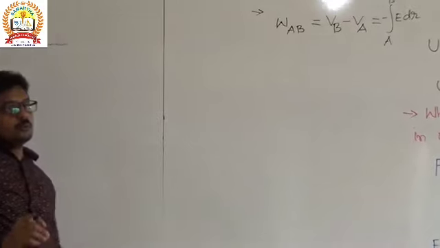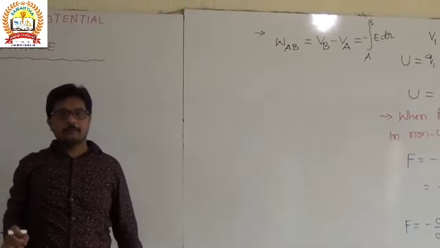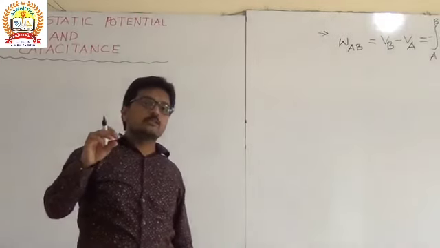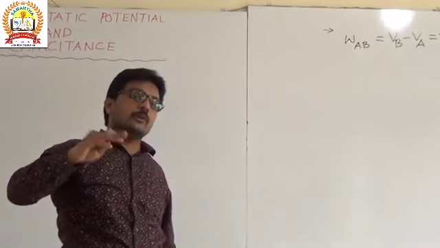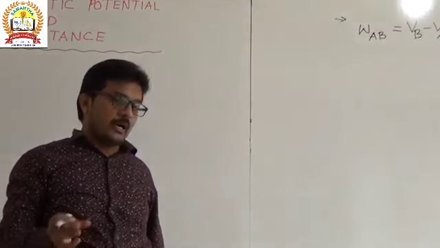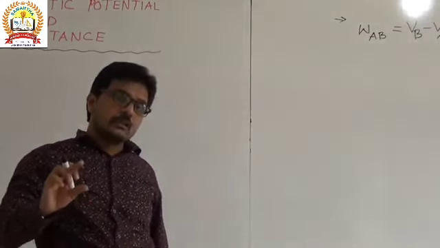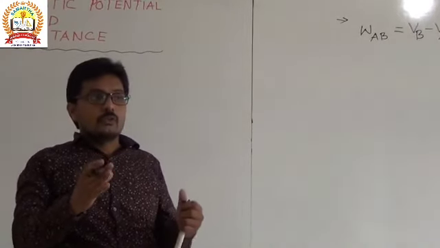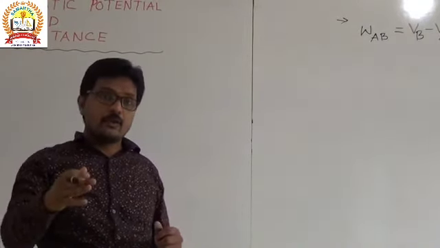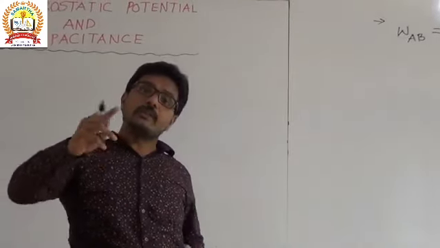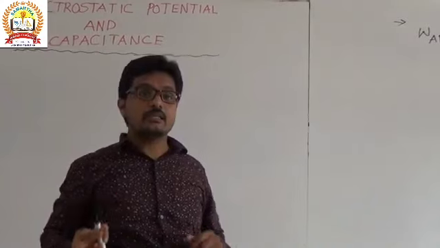Now I want to discuss with you that if a charged particle is moving from one point to another point, and those points are fixed points, the particle is moving between the two fixed points, then what happens? The work can be done till the potentials of the two fixed points are the same.